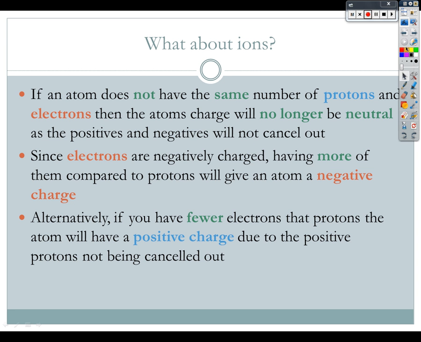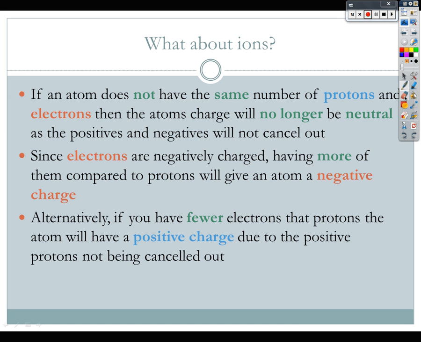And so I want to tell you what those names are, and I want to write it out. Okay, so our positively charged ion, because it has fewer electrons, is called a cation.